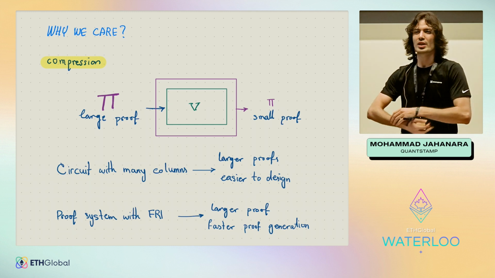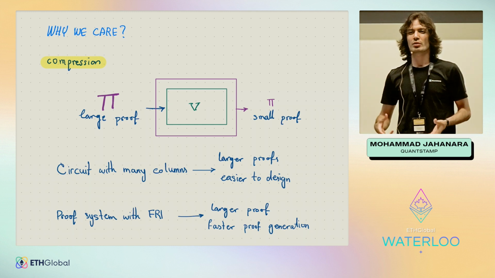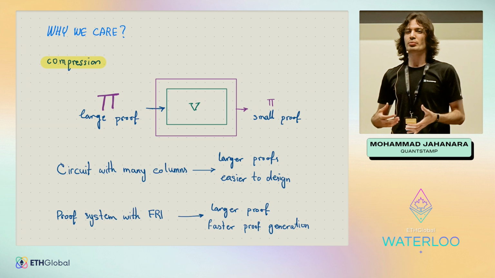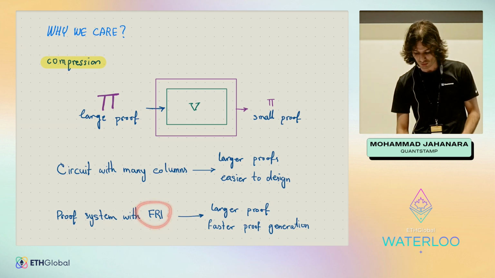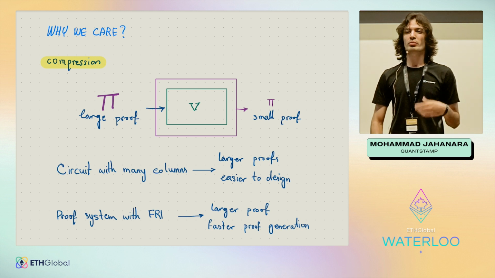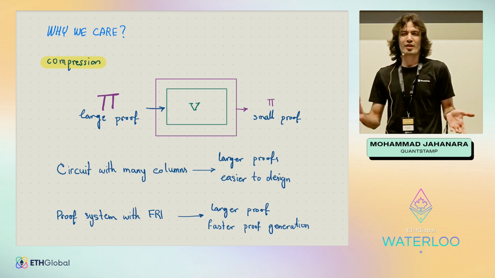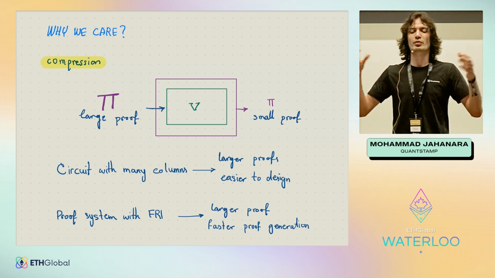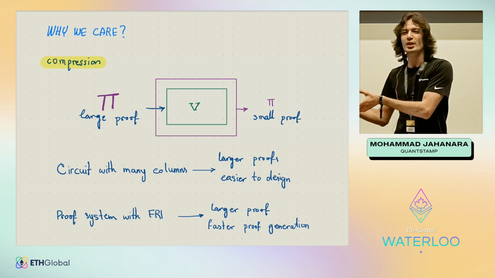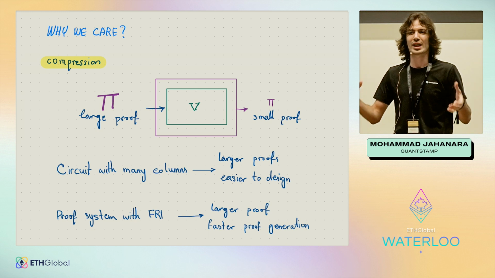How does that work? Inside, they have an efficient proof system in the sense that the prover runs very fast. But it uses a component called FRI. It's a polynomial commitment scheme that's very fast to execute, but it generates humongous proofs. If you want to post that proof directly on mainnet, you have to pay a lot of money in gas.